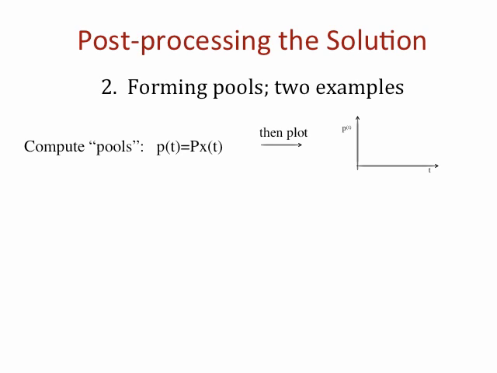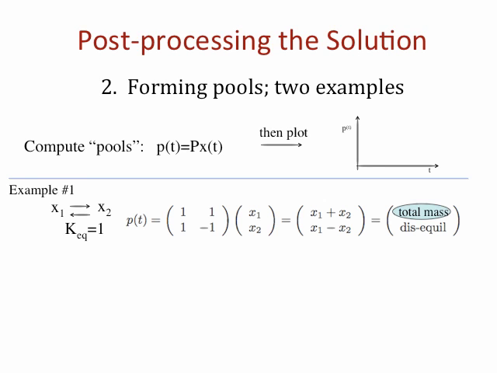But we can take our original concentrations, combine them in different ways to form the pools, and then we can plot the pools. We can plot the pools as a function of time, or we can plot the pools against one another to form a phase portrait of the motion of 2 different pools. That's the concept. Let me give you 2 examples.